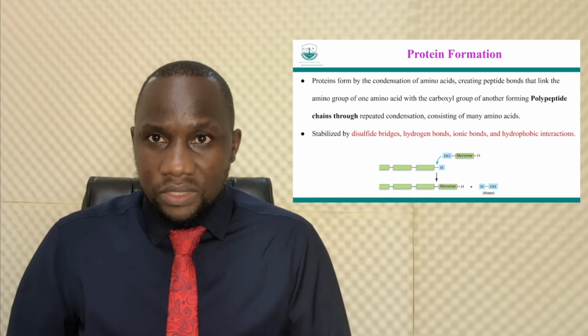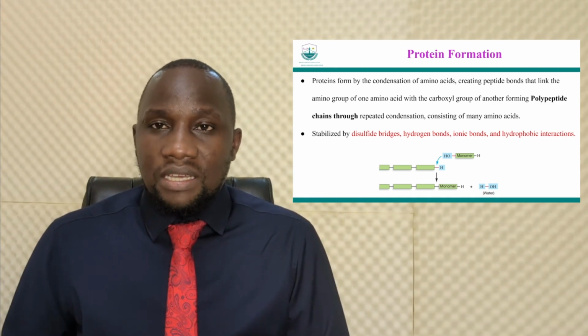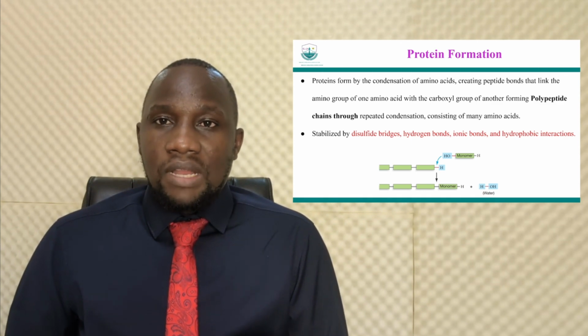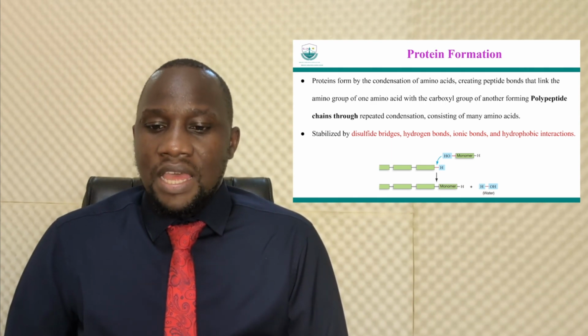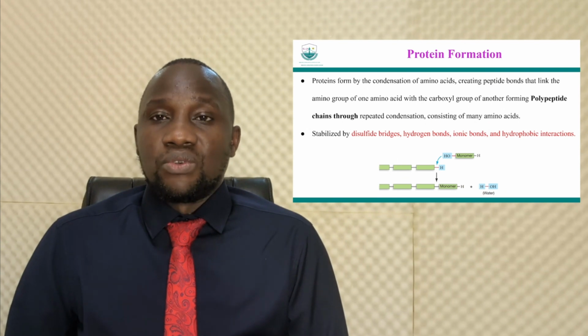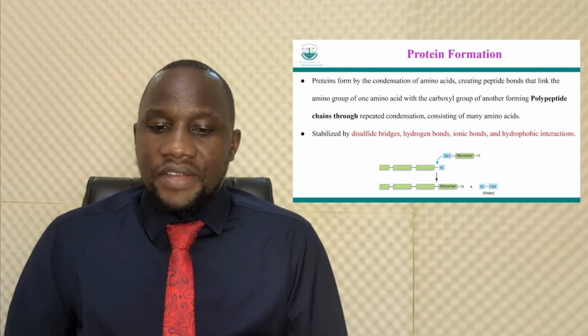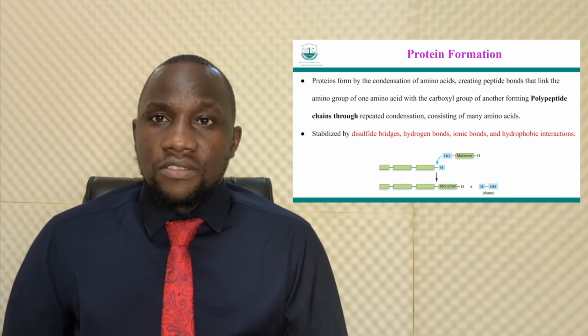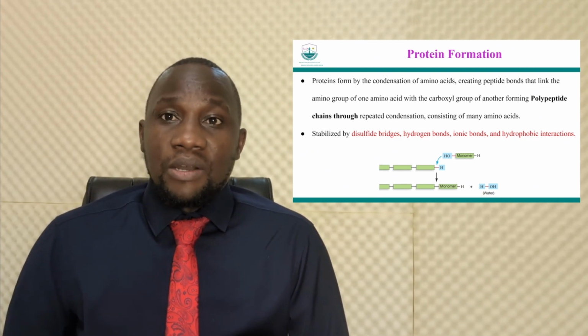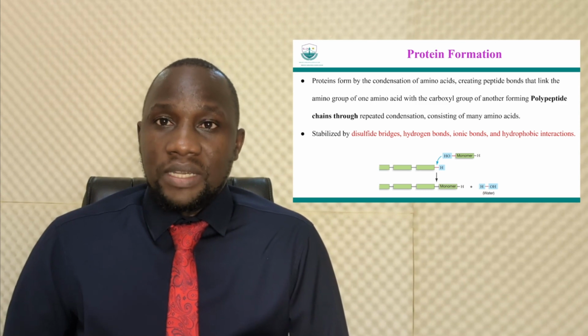And these interactions or bonds that are formed can fall under hydrogen bonds, disulfide bridges, ionic bonds, and also hydrophobic interactions. So we want to know these different kinds of interactions and how they influence the properties of the proteins.